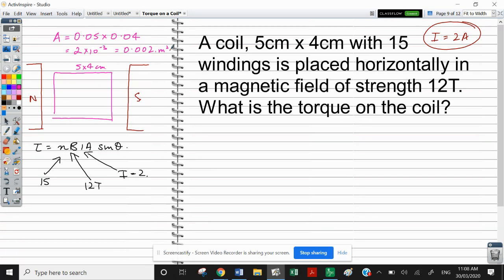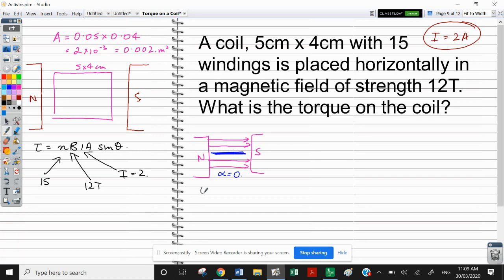Now, horizontal. Looking side on, here is the north, here is the south. If it's horizontal, my alpha is equal to 0. Remember, alpha is the angle between the plane of the coil, the sideways view of the coil, and the field. The field is going north to south, and the angle between my blue line, which is the coil, and the field is 0.